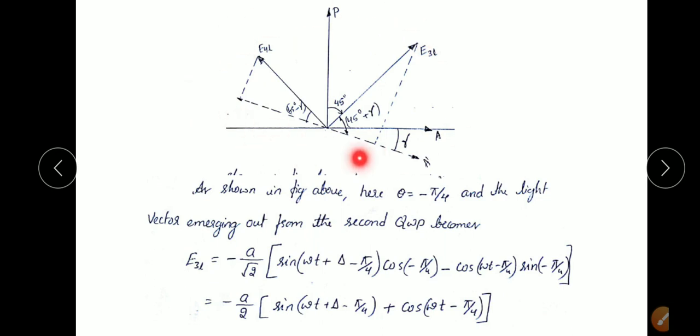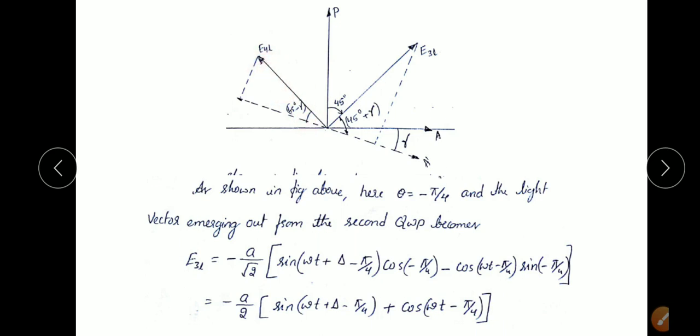So you can see this analyzer setup. They are showing the initial and final value of the analyzer. This is the axis of the polarizer, and this is the axis of the analyzer initially. These are the two light vectors coming out of the quarter wave plate, E3L and E4L.